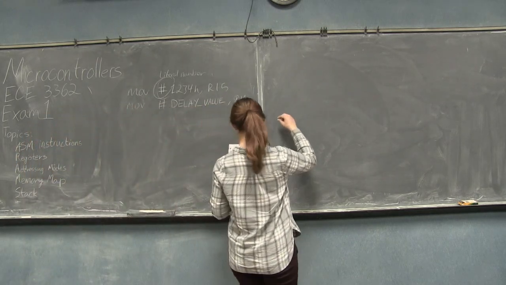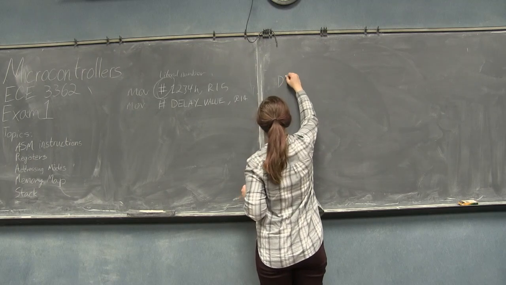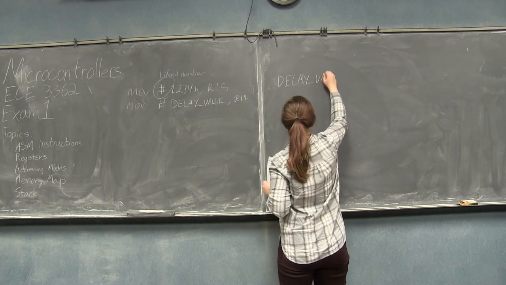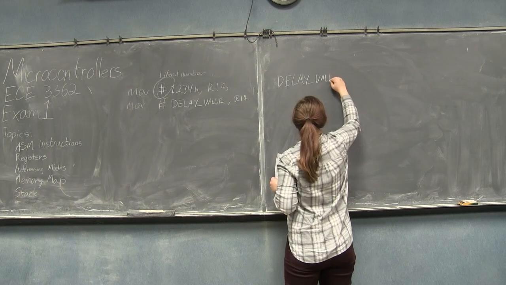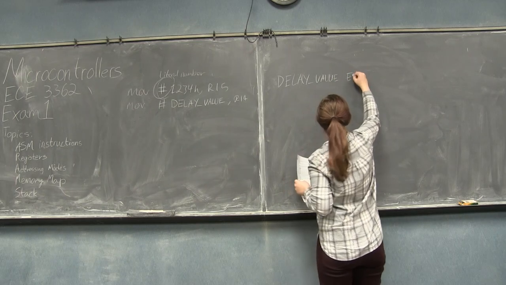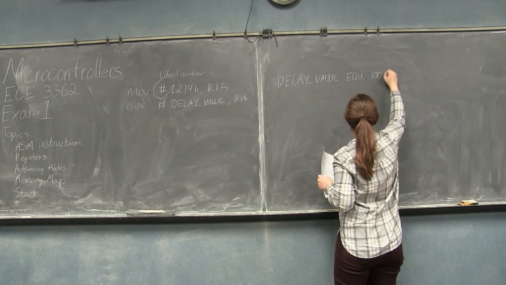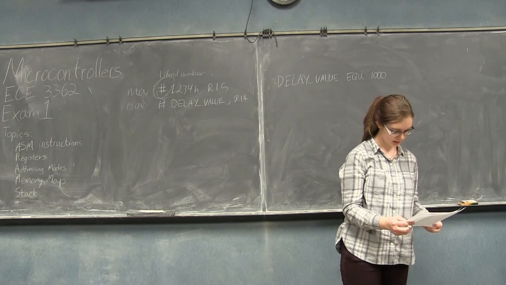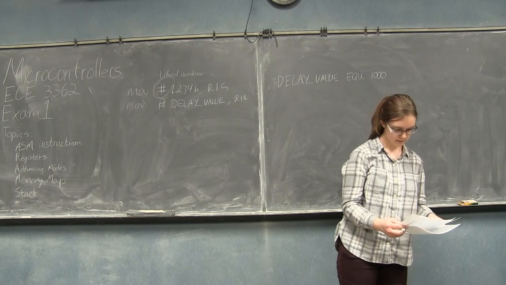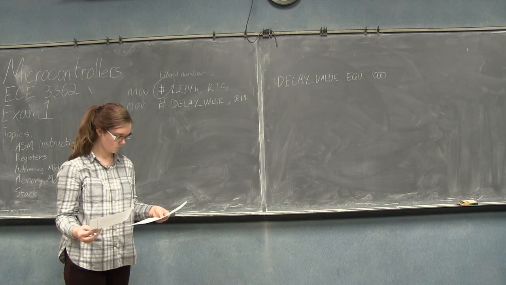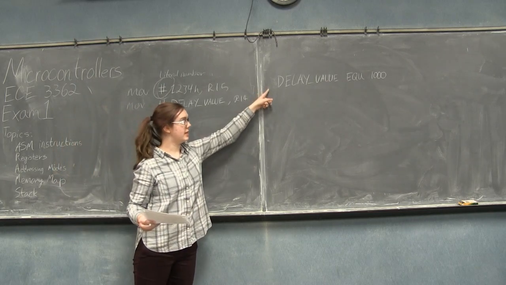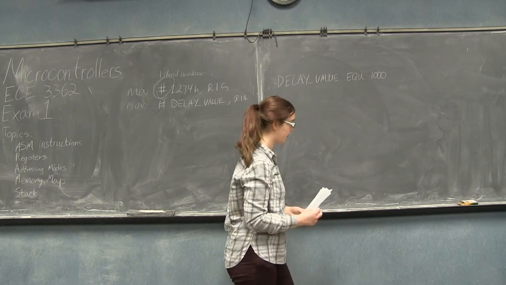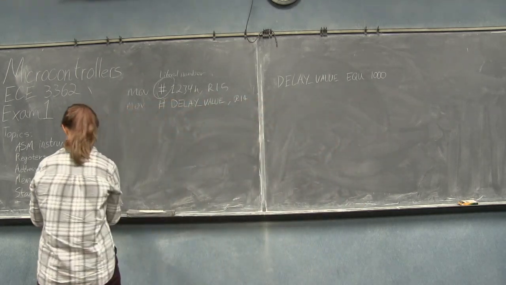At the top of your program, you can make a constant like this, and then when the compiler goes through, it'll find every instance of delay value and replace it with this number. So that's literal.